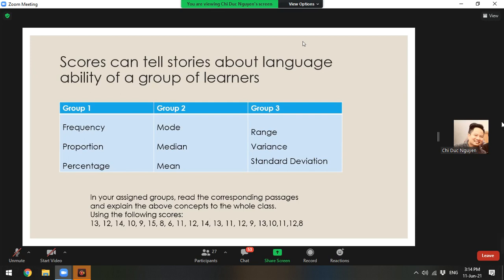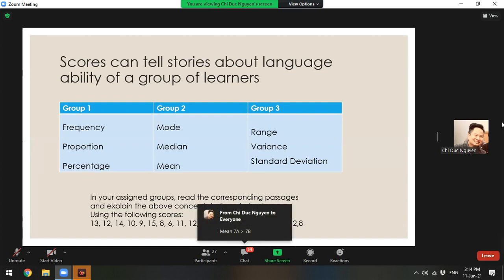What conclusion can we make from this? Yeah, if we look at the mean only, of course 7A performs better than 7B.